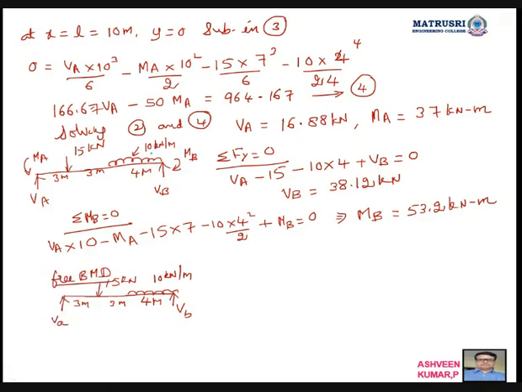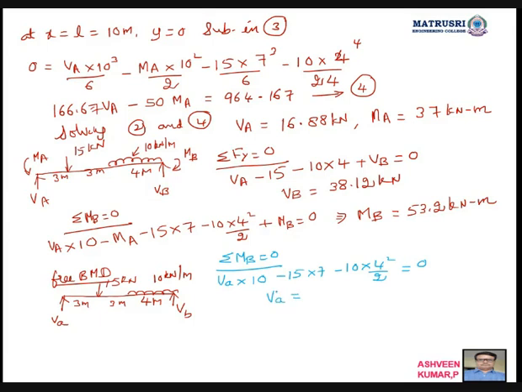So without means I will take sigma MB equal to 0, here without MA and MB. That is the free bending moment diagram. So VA into 10 minus 15 into 7 minus 10 into 4 square by 2. From this we will get the value of VA.